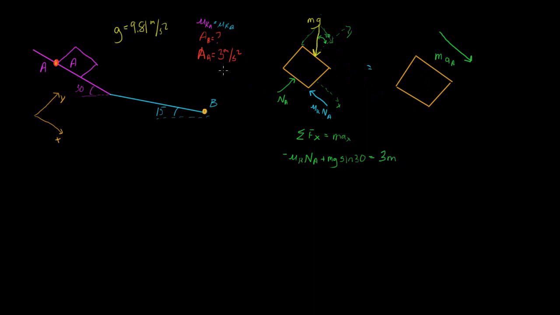I get this 3 because we're given an acceleration of 3 here. But we can't solve this just yet. We have an unknown N A, and we have an unknown mu sub k.